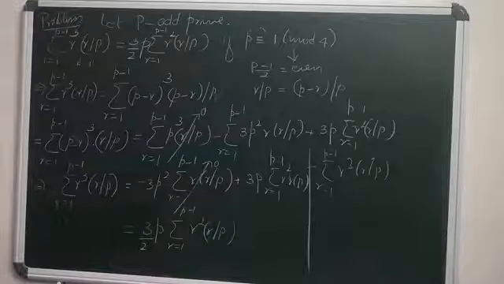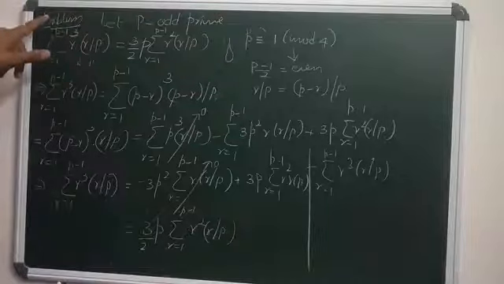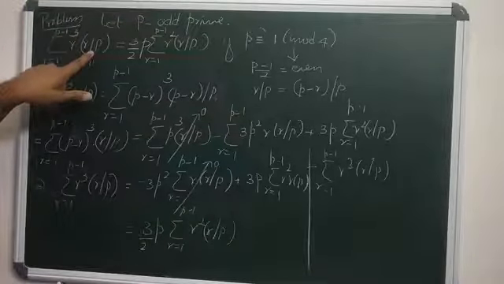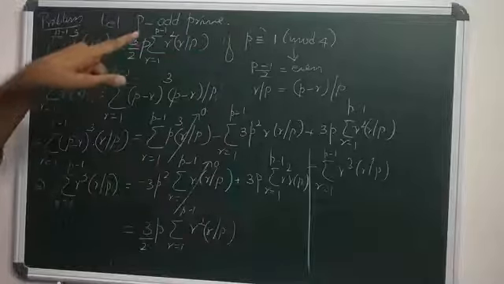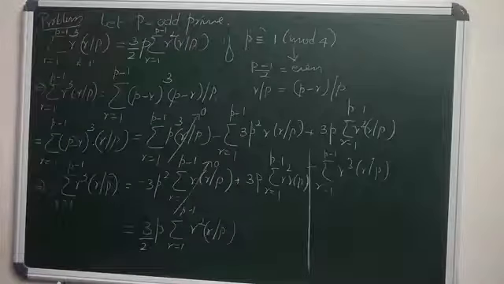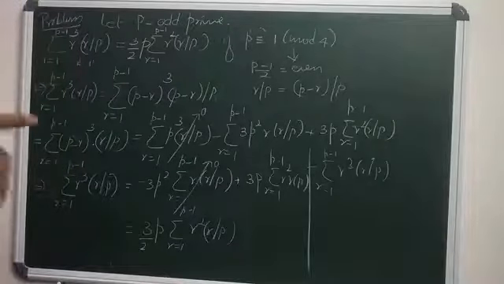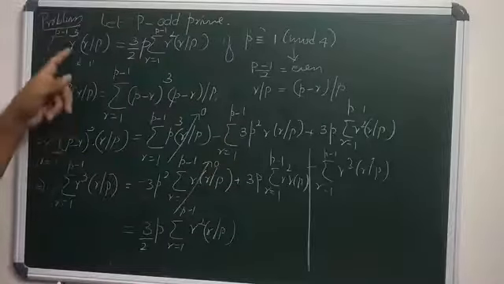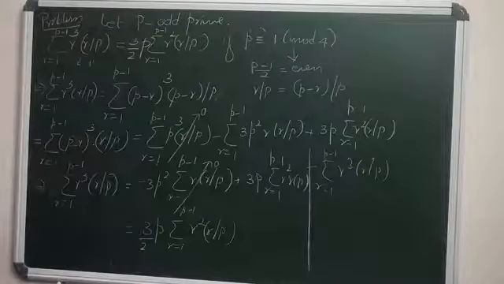Similarly, you can show the result for sigma R ranges from 1 to P minus 1 of R to the power 4 into R by P when P is congruent to 3 mod 4. Use the idea that P minus 1 by 2 is odd. So R by P is minus 1 to the power P minus 1 by 2, into P minus R by P. So P minus R by P is there, minus R by P. Using that idea, then you can prove that result also.